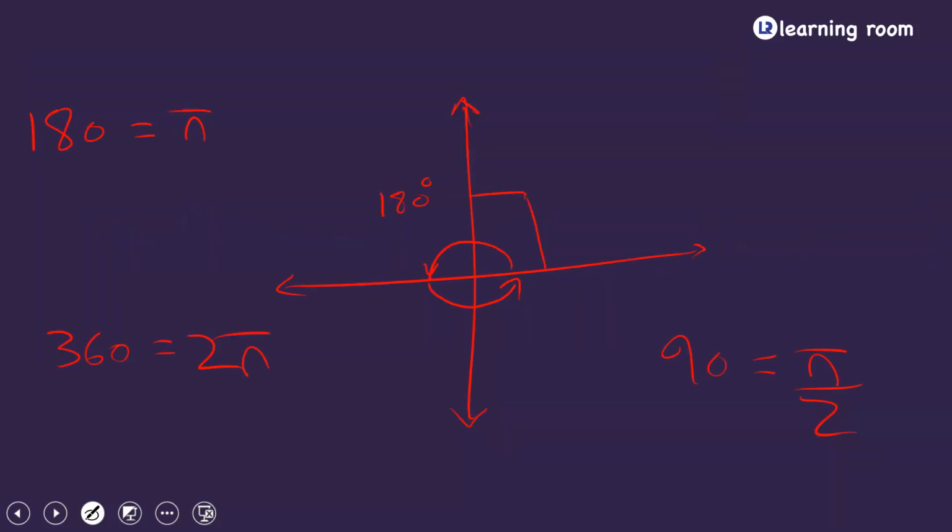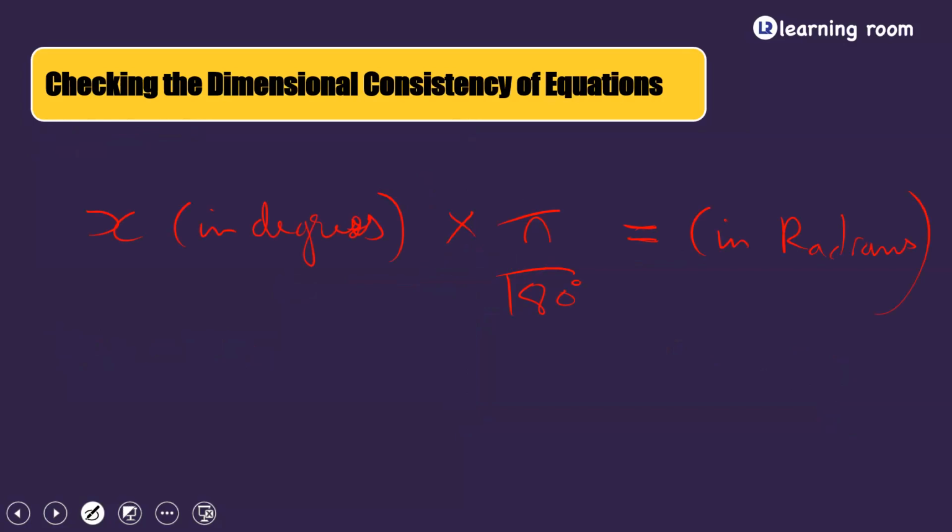What is 180 degrees? So pi by 180 degrees means 1 degree.